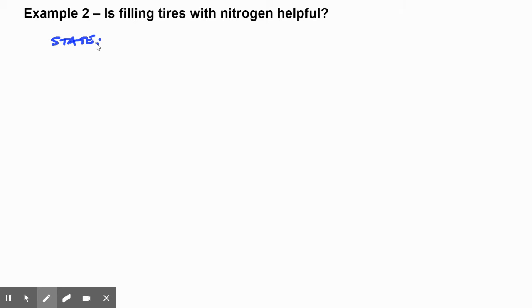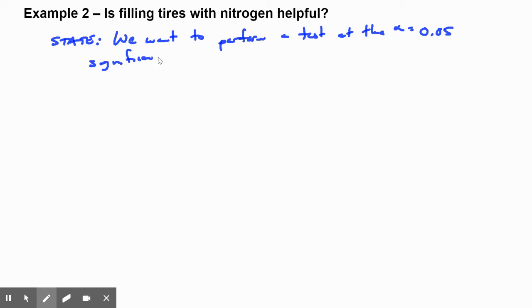So we want to perform a test at the alpha equals 0.05 significance level.